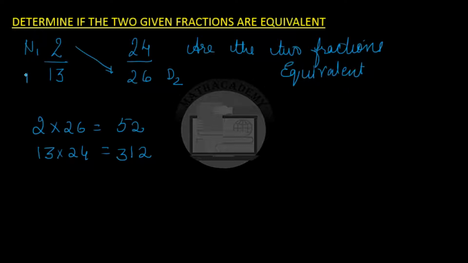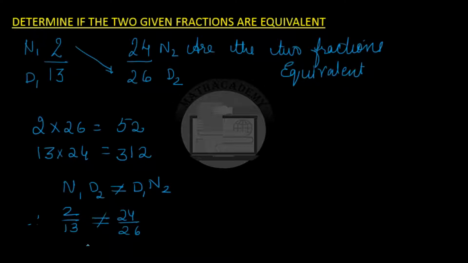Okay, so this is d1 into n2, and we see that n1 into d2 is not equal to d1 into n2. Therefore 2 by 13 is not equivalent to 24 over 26. I hope this much is clear to everyone.